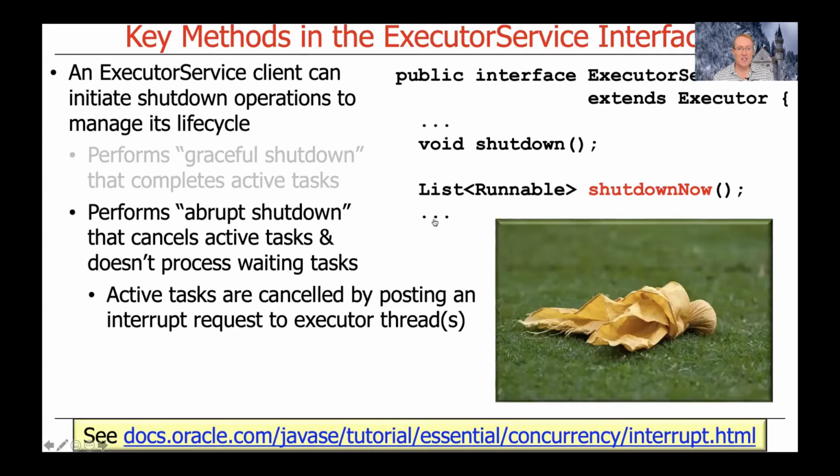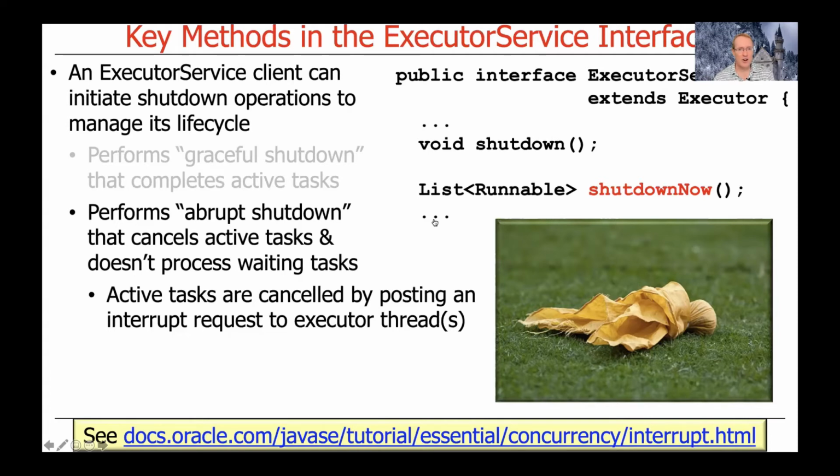The way that tasks that are running are canceled is by posting something called an interrupt request to the threads that are running. And this, of course, is all done behind the scenes by the Executor Service implementation. So this is typically done by whatever thread pool is being used to implement that interface.